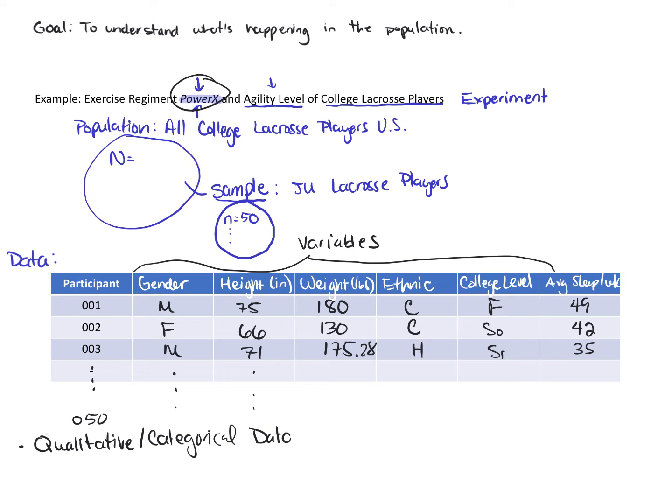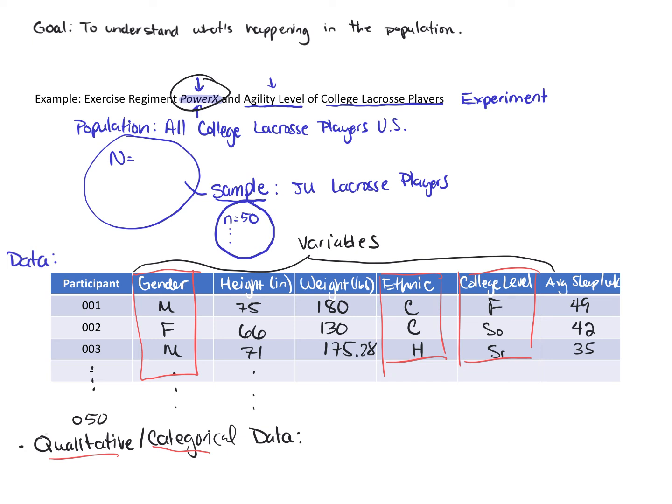So qualitative or categorical data are data that represent some category. So if we take a look at the variables that we collected here, I'll highlight it in red. Gender would be considered categorical, or qualitative. Ethnic would be categorical, and college level would be categorical.